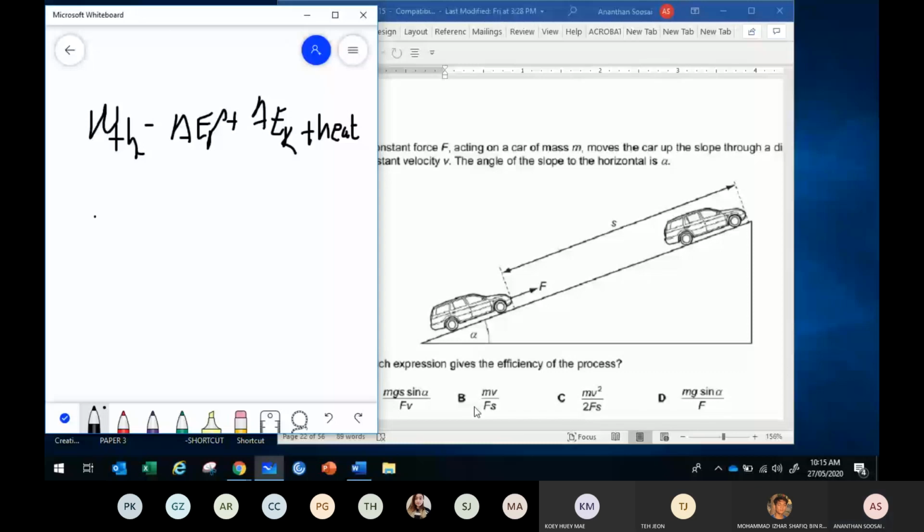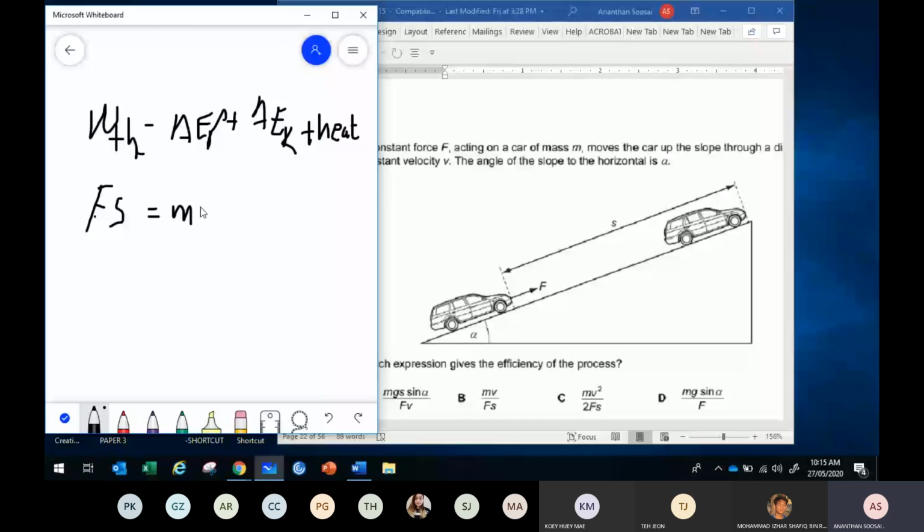The work done by the thrust is force times S, F times S. F is the thrust, S is the distance traveled in the direction of the force. The gain in EP, in terms of mg, how can you write it?